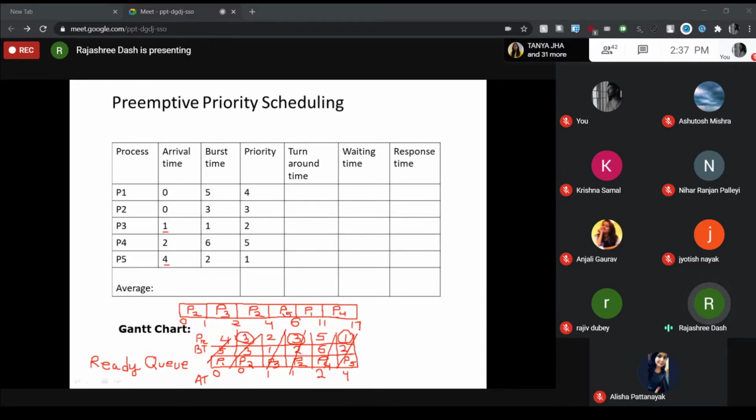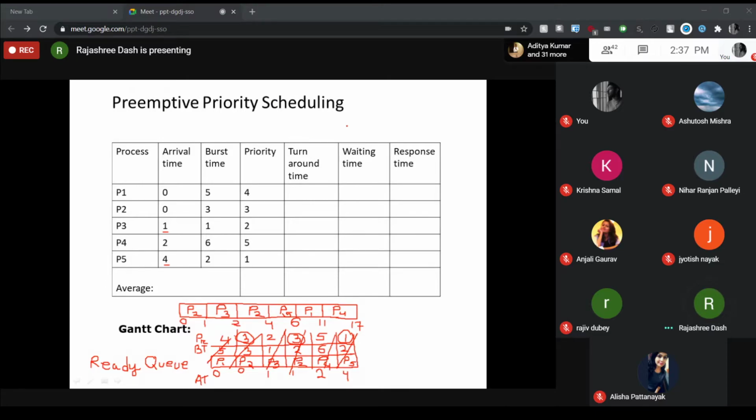Now let's find out the turnaround time, waiting time, and the response time looking at the Gantt chart. Remember, the scheduler uses the priority number only during selection of the process. After that, during calculating the turnaround time, waiting time, and response time, there is no use of that priority number.